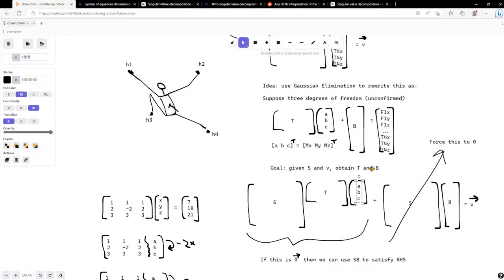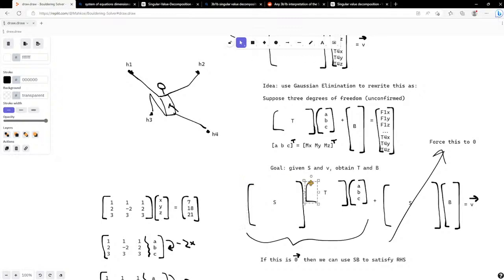I'm not losing my mind here. We can't force this to, or we could, even if we force it to zero, we have the problem that if I scale this vector, then it's going to scale the output, so I don't have degrees of freedom, even if I write it like this.